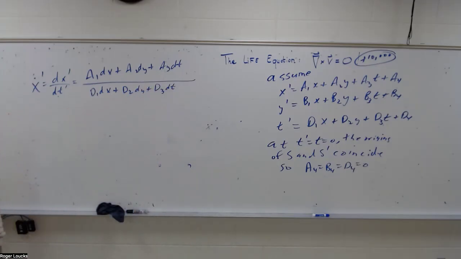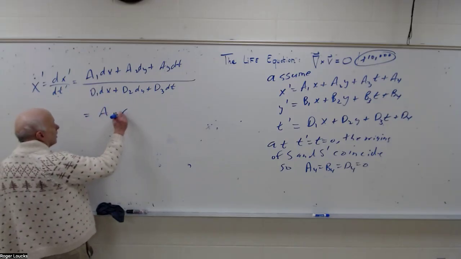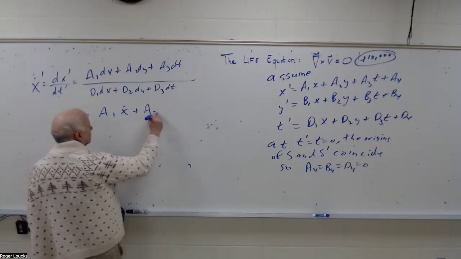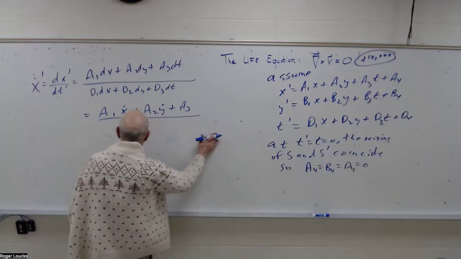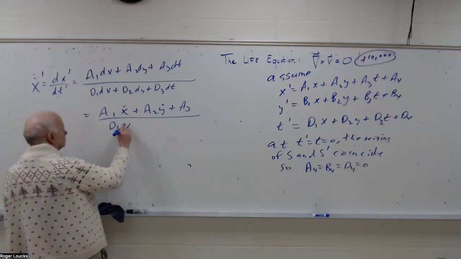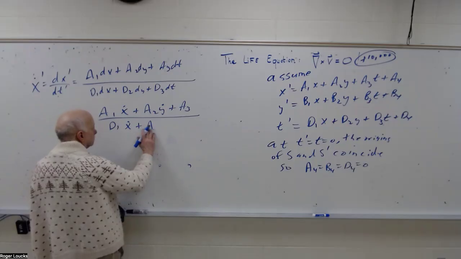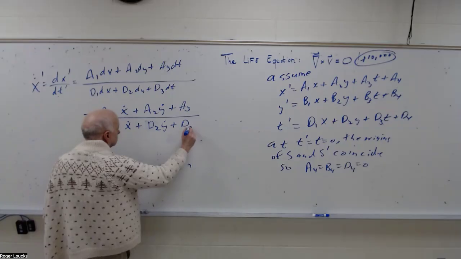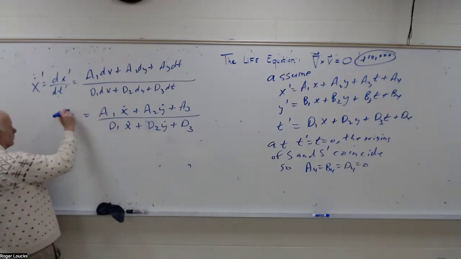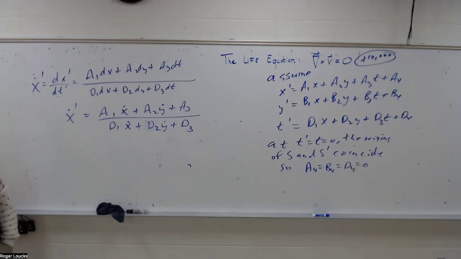And then what do we do? Multiply by 1 in a clever fashion, which was 1 over dt over 1 over dt. Correct. And we did that. That gave us this fellow here. Okay. And then likewise for the y, you're just going to do the same thing, but with B's on top.